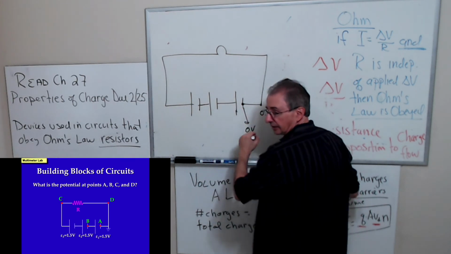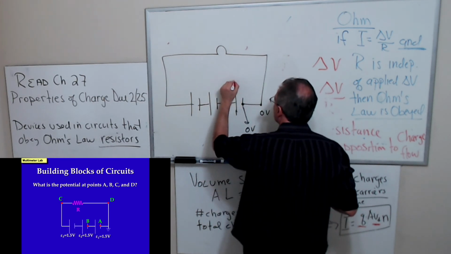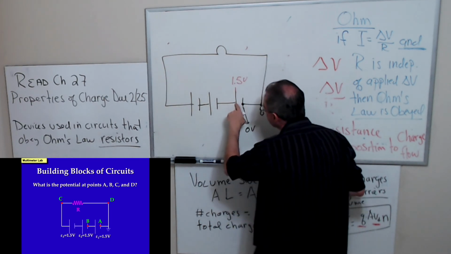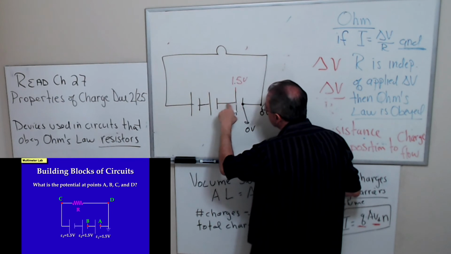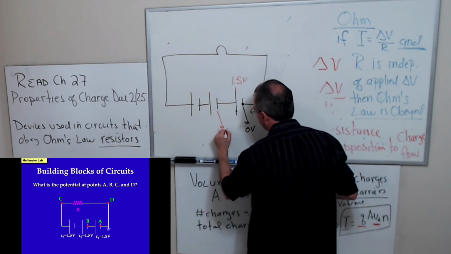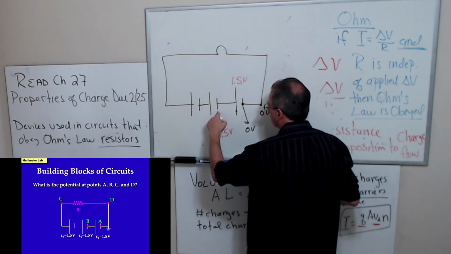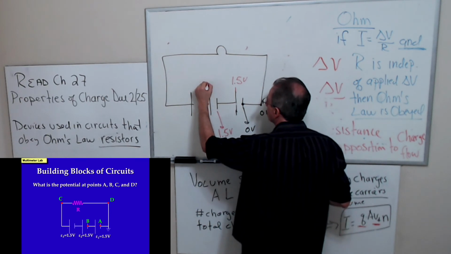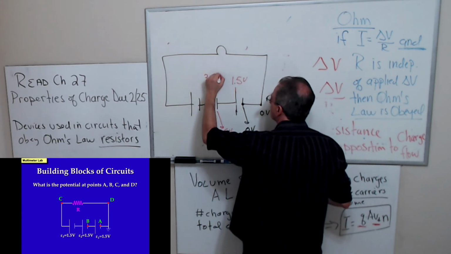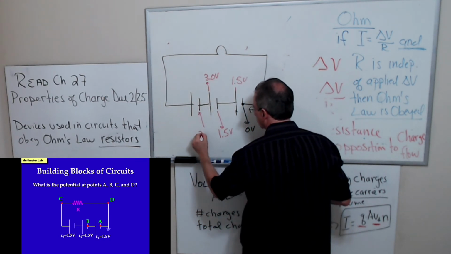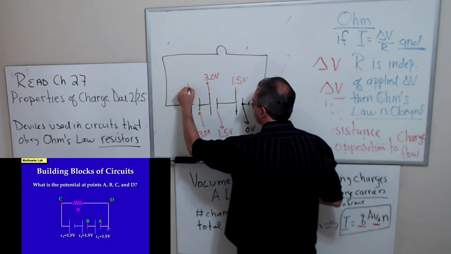This point over here, 1.5 volts. Because a wire connects from the positive terminal of the battery to this negative terminal of the battery, this is 1.5 volts. And this has to be 1.5 volts above it because it's a battery, so this is at 3 volts. And since the positive of this side is connected to the negative of this side, then this is at 3 volts. And this is at 4.5 volts.